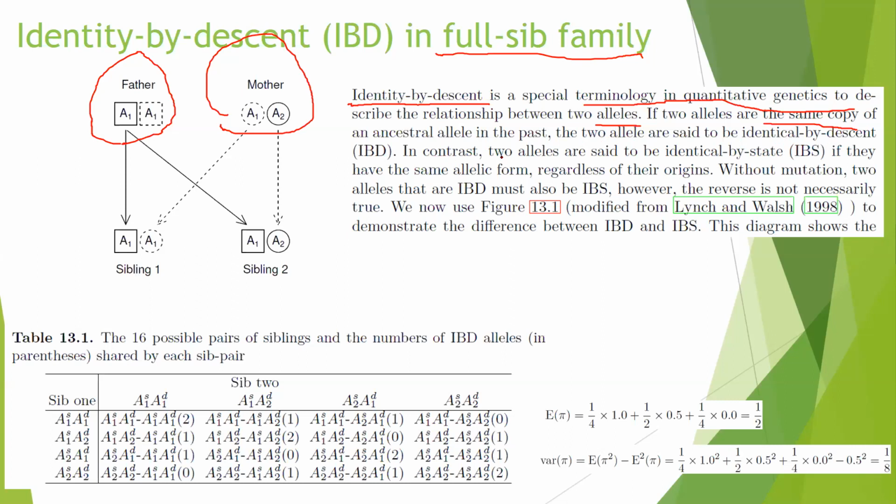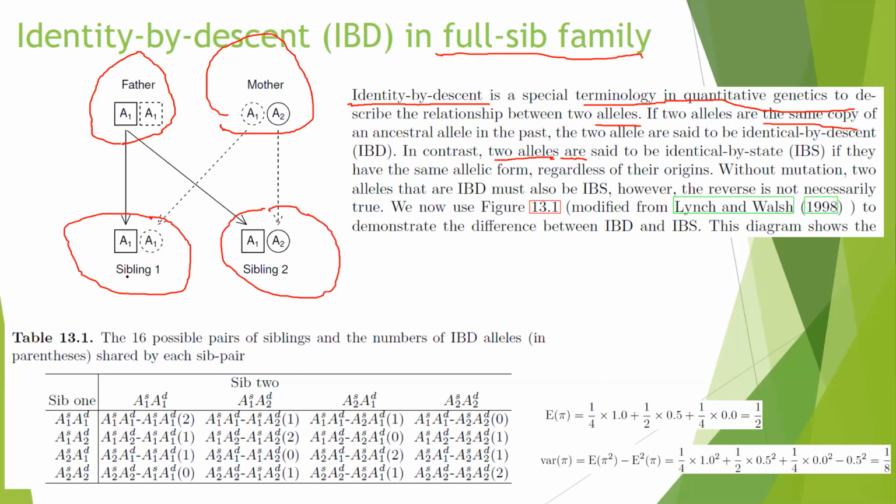In contrast, still talking about two alleles, if they are of the same form but we do not know if they are from the same origin, then we say these two alleles are IBS, identical by state, not by descent. For example, in this diagram, look at these two siblings from this full sib family.